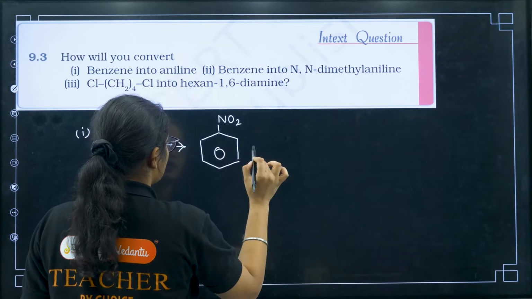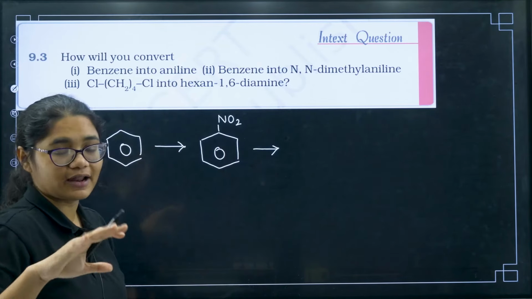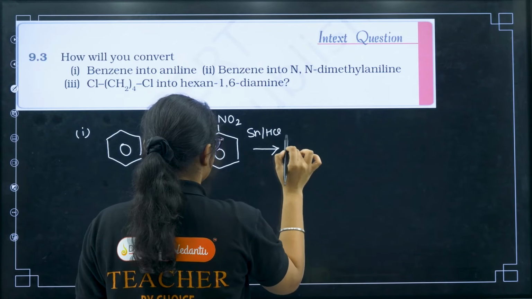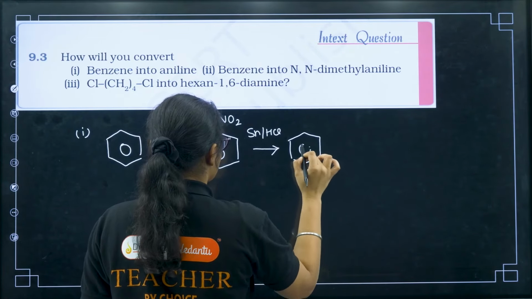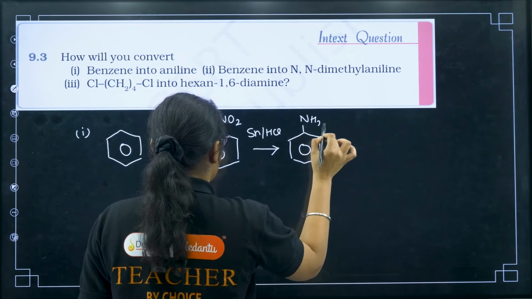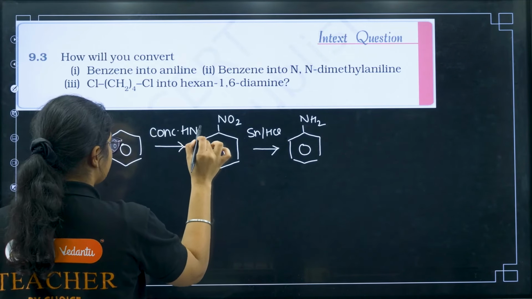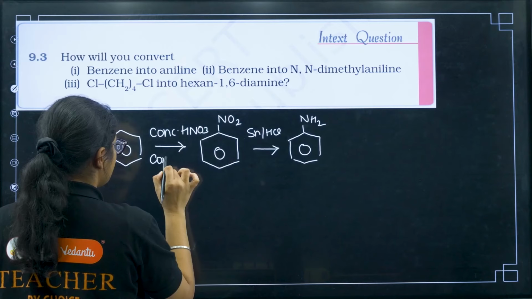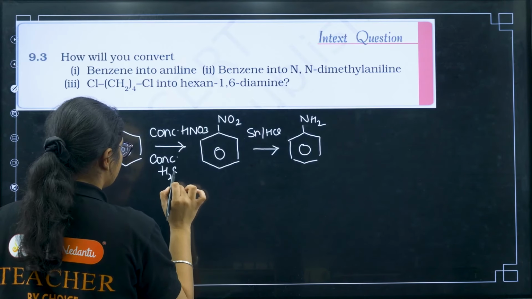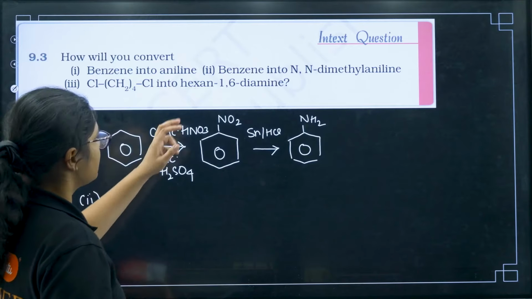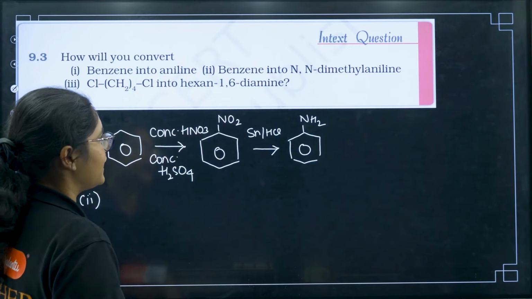After that, for conversion of nitrobenzene, we can use Sn/HCl or Fe/HCl, and we will get NH2 here, okay. And here what can I use? Concentrated HNO3 and concentrated H2SO4. Clear?